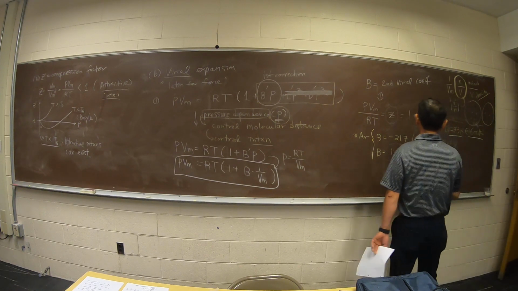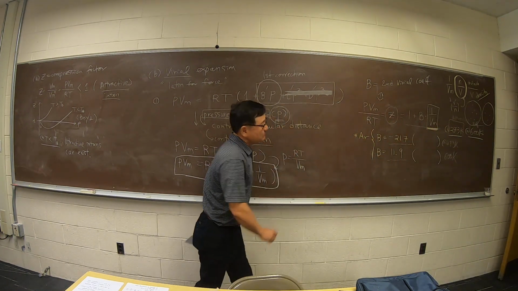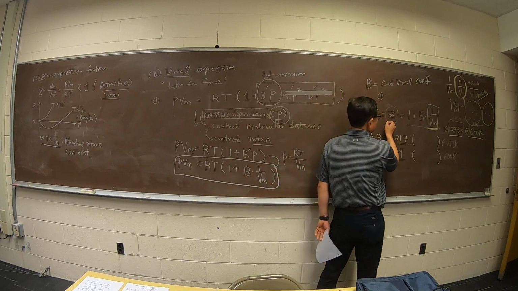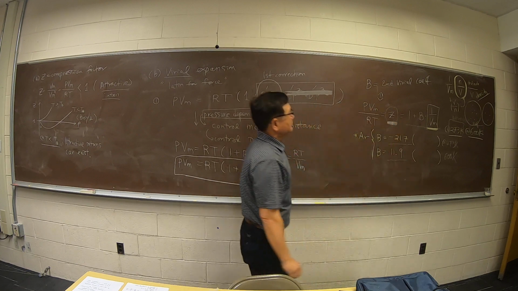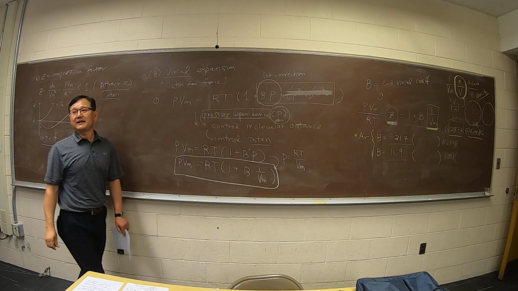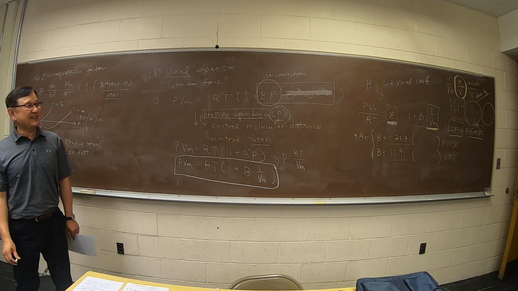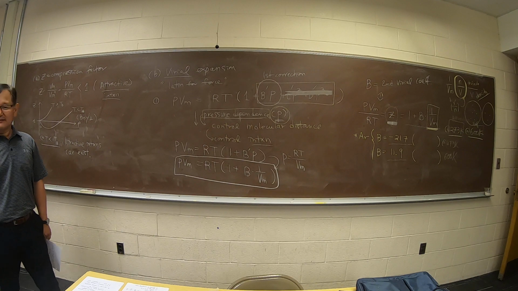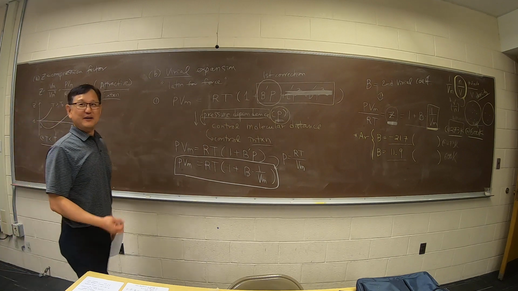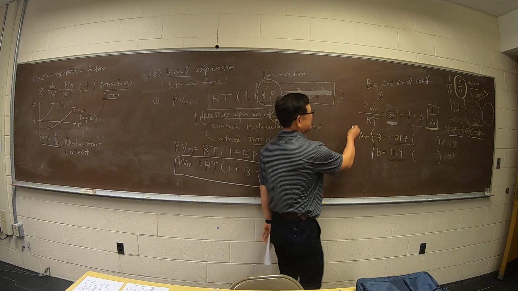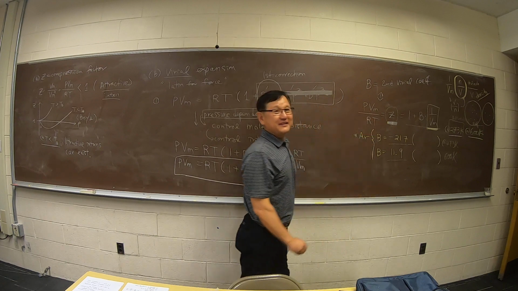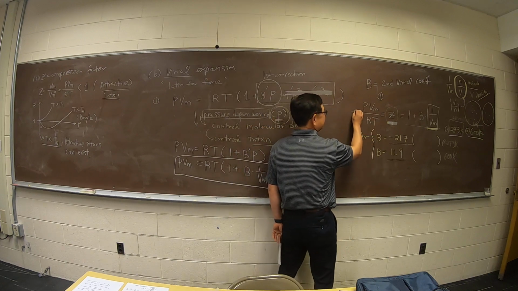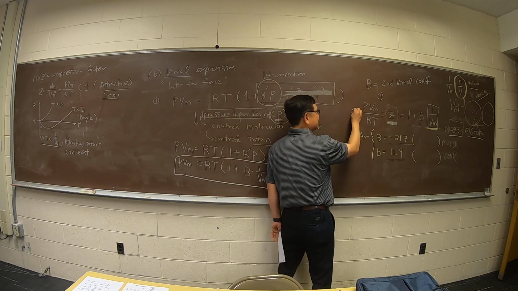And let's talk about the unit now. What's the unit of Z? Actually, I did not talk about the unit of Z. The compression factor, what's the unit? Is it pressure, volume, pressure times volume divided by RT? What's the unit? Anyone?